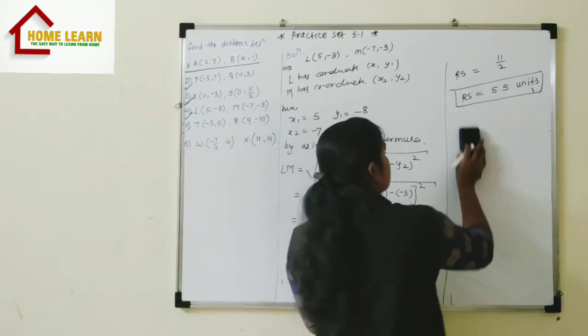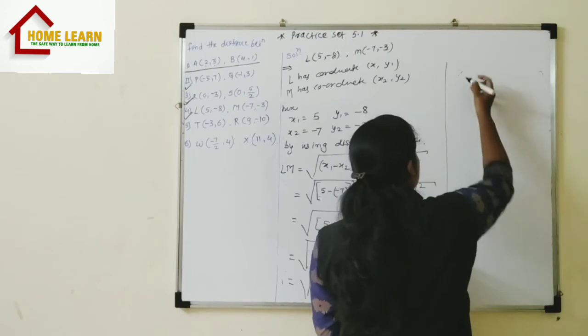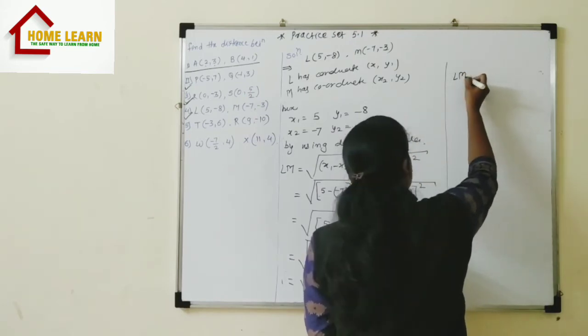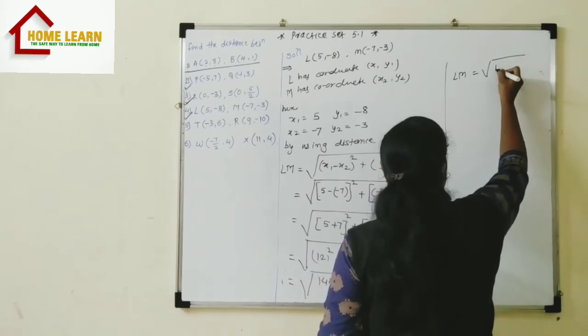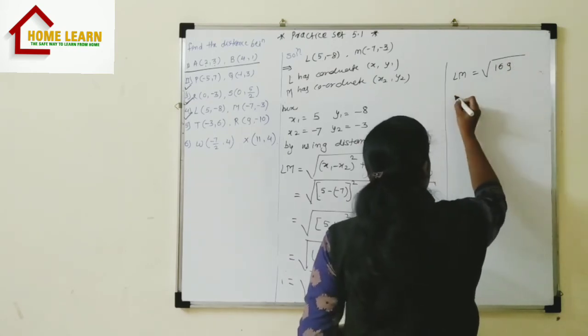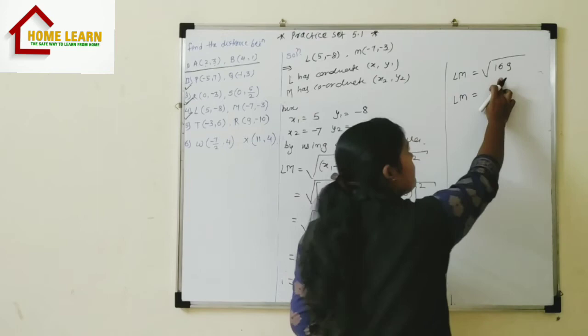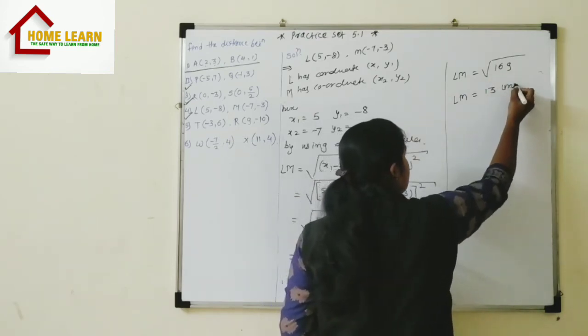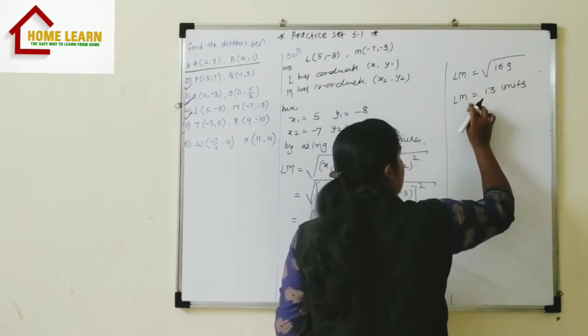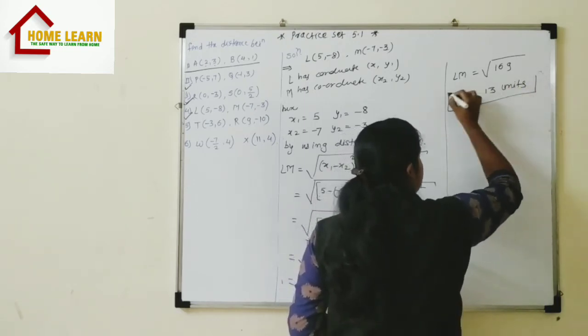The distance between points L and M is the square root of 144 plus 25, which is 169. Hence, by taking the square root of 169 we get 13. So we can say that the distance between points L and M is 13 units.